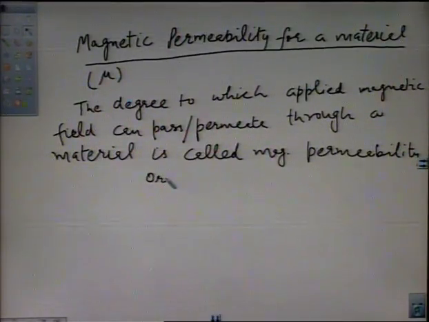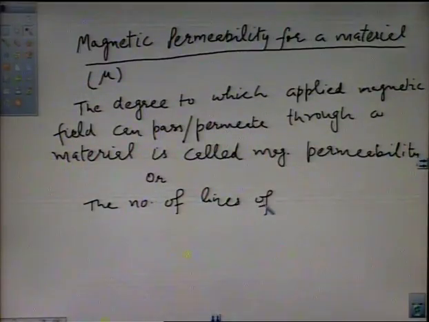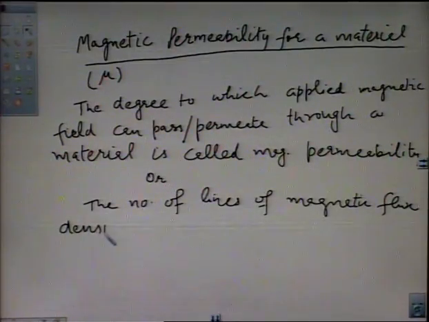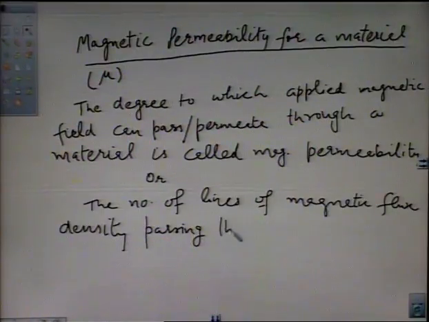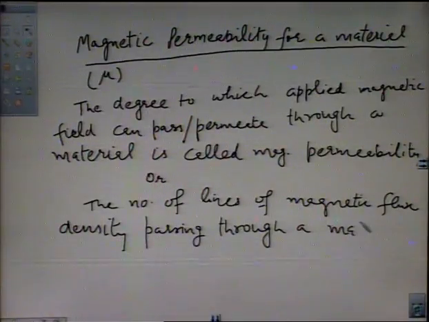Another definition is the number of lines of magnetic field flux density passing through a material is called magnetic permeability.